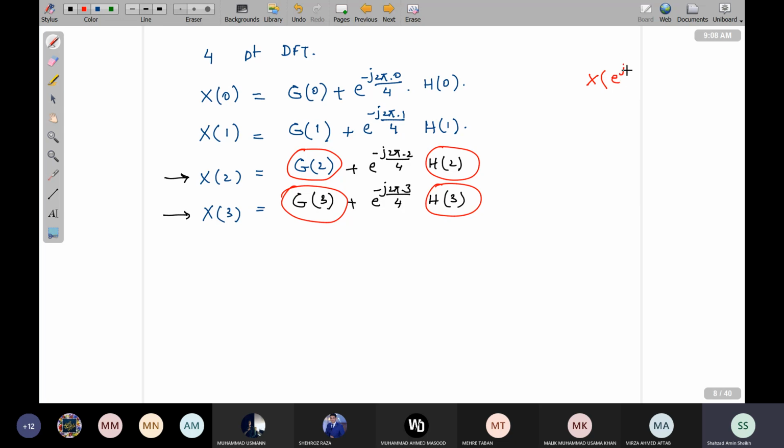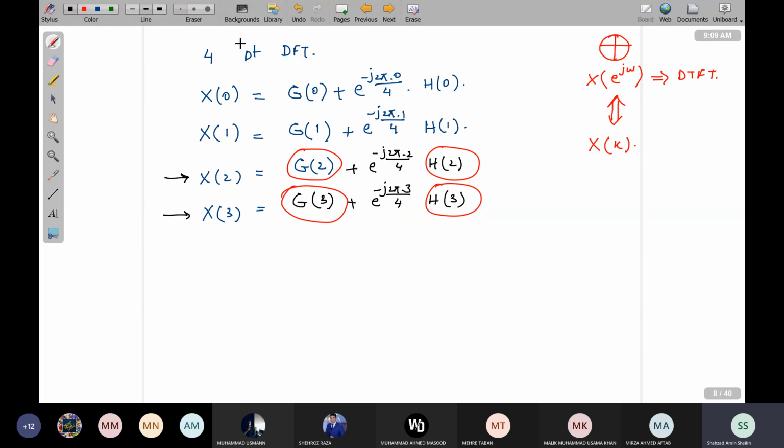This is my DTFT. What is the property of DTFT? यहीं से ही हम X of K में आ रहे हैं ना, just the samples of this. What about this DTFT? This is the Z transform, evaluated on the unit circle.